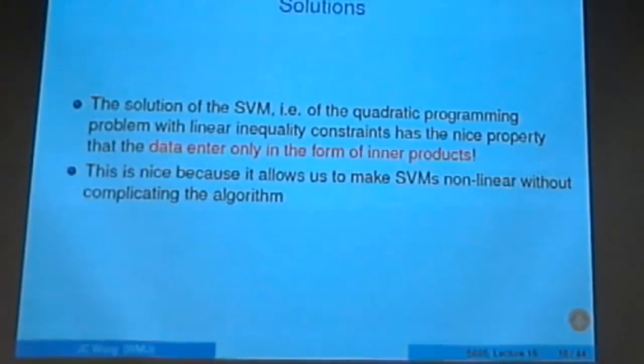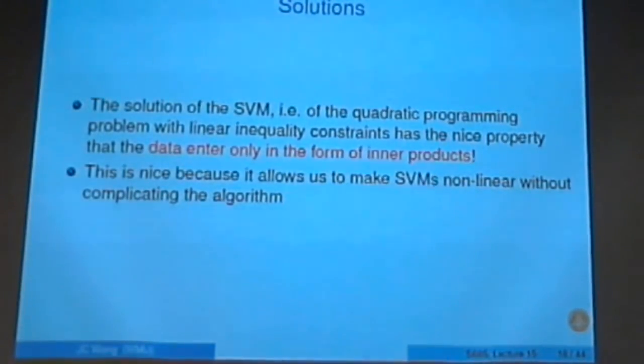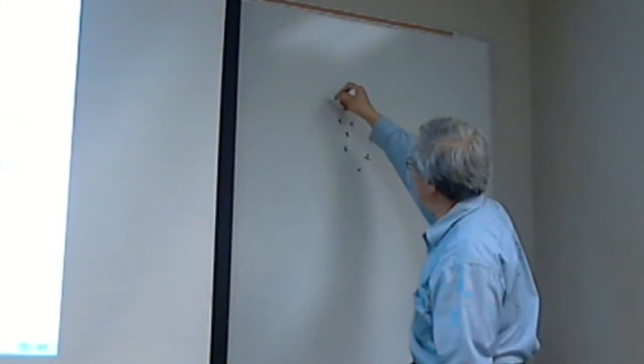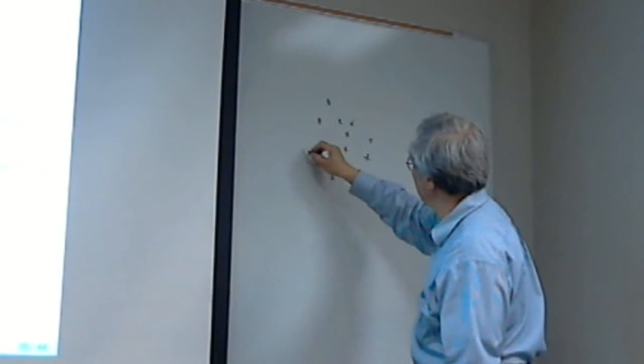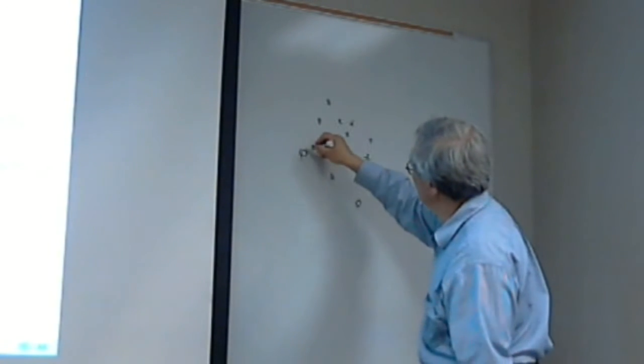If you have a problem like this, instead of the linear case, it's possible to transform it. Suppose I have this example, I'll try my best to draw it, and then you have something outside of that.